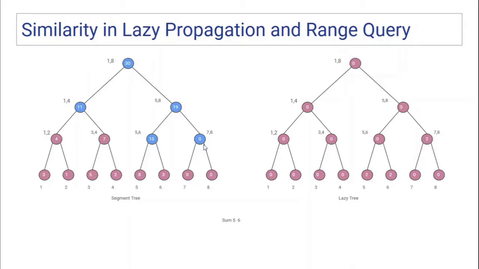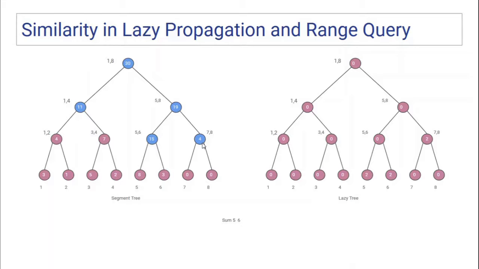As soon as you reach this node, you would see whether there are pending updates or not, and yes, there is a pending update. So you would add 4 to it, because there are two nodes in its range and both of them will be incremented by 2, so this node will be incremented by 4, the number of nodes multiplied by the value.